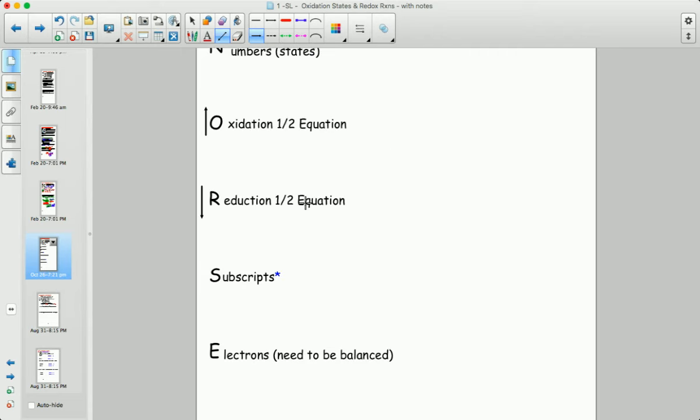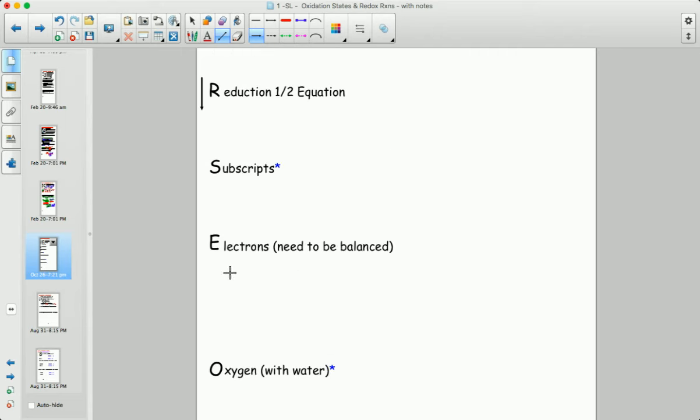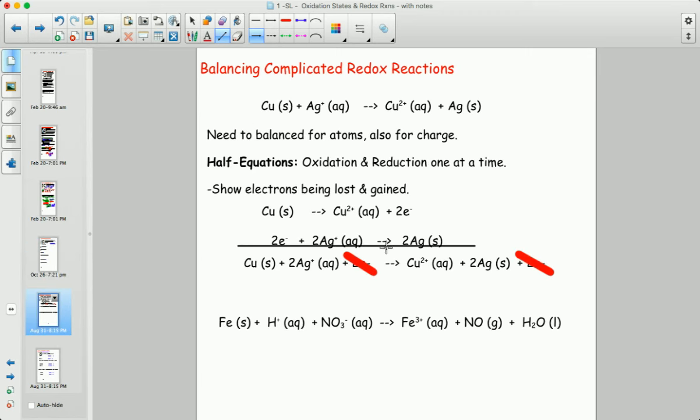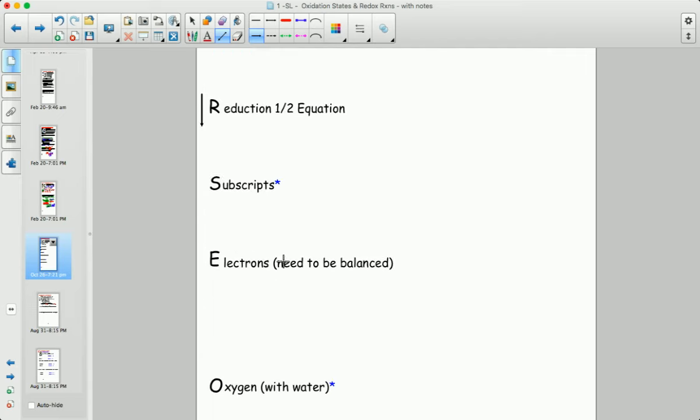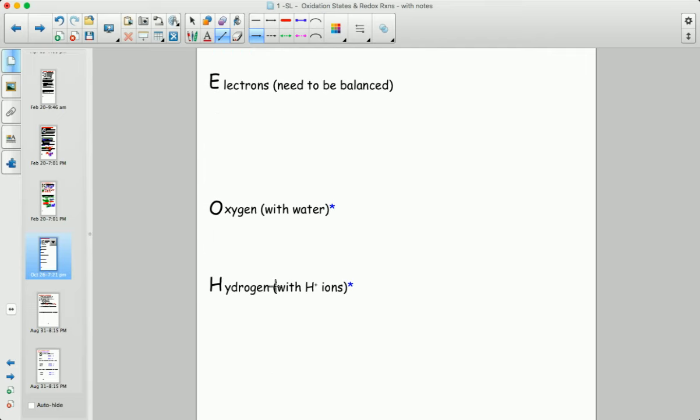And once you've got your 2 half equations, then you need to balance the electrons for the half equations, which is what we did in the silver copper example. We multiplied through by 2, and that made 2 electrons lost, 2 electrons gained, and that's what I mean by balancing electrons.